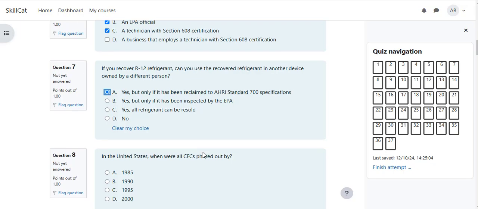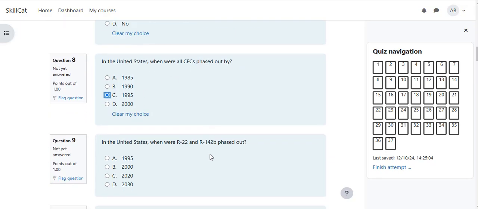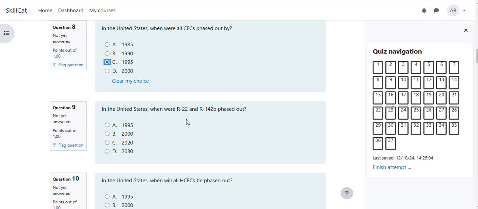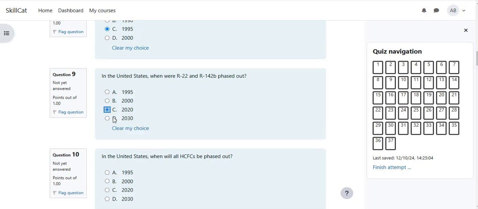Okay. In the United States, when were all CFCs phased out by? 1995. In the United States, when were R22 and R14 phased out? R22, I think 2020.